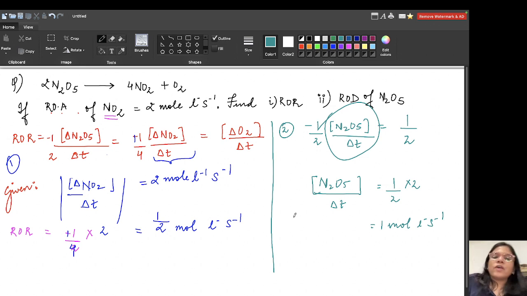So this is how you find the average rate of the reactions. Just write the coefficient in the denominator, concentration by time, minus for reactants and plus for products.